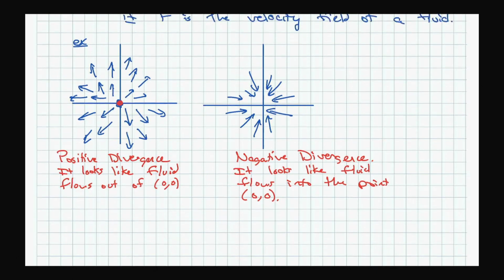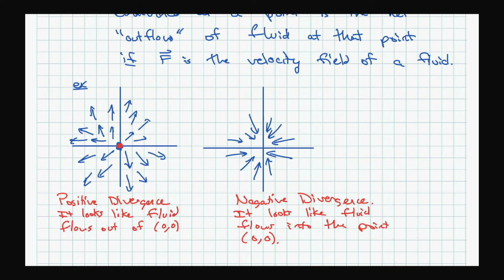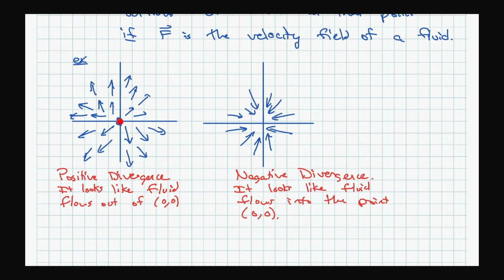Like if you were looking at this, you could think of this like a broken sprinkler, right? Or like a hose just lying on the ground, where at this point, in order to get this kind of velocity field, there would be liquid being produced right here at this point and just flowing out. Whereas in order for this to happen, this would be like a hole, and then liquid flowing down into the hole.